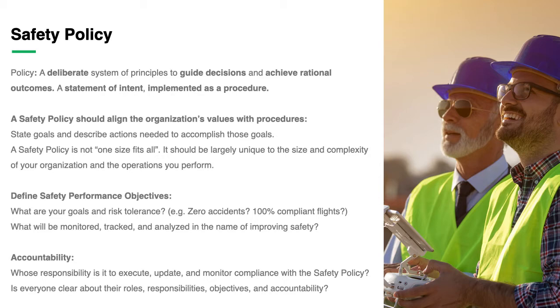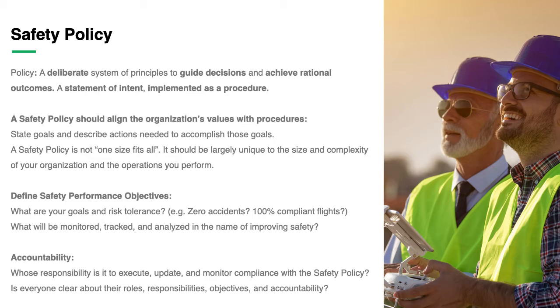It's also important to note that a safety policy is not a one-size-fits-all document. It really should be unique to the organization, because every organization is unique in terms of size and the type of operations that they perform, and using someone else's safety policy is only going to help you so far.